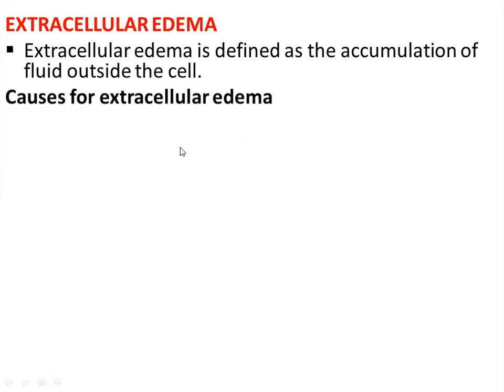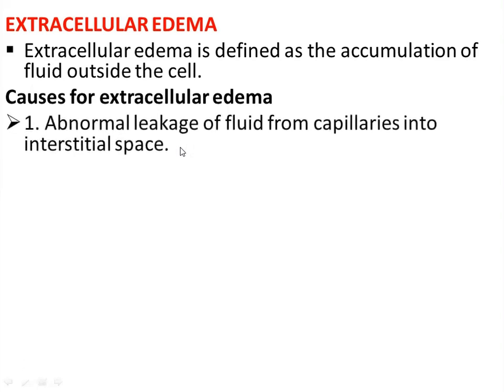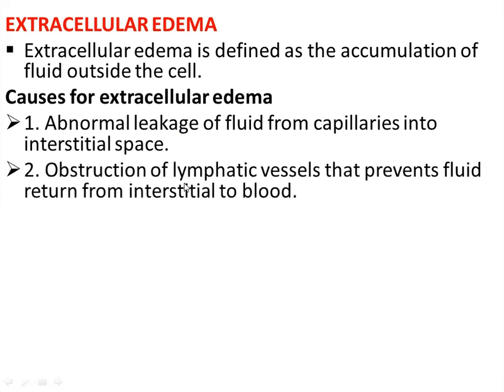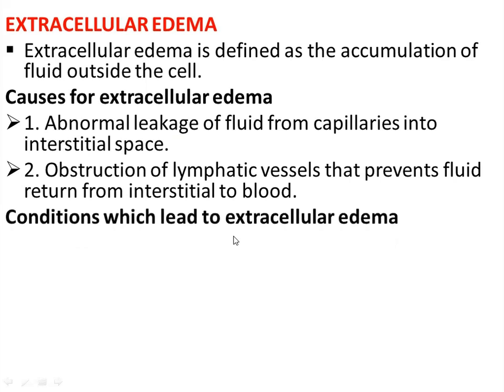Then we will see the causes of extracellular edema. First, abnormal leakage of fluid from the capillaries into the interstitial space. Second is the obstruction of the lymphatic vessels that prevents fluid from returning from the interstitium to the blood. These are the major causes of extracellular edema. Then we will see the conditions which lead to extracellular edema.